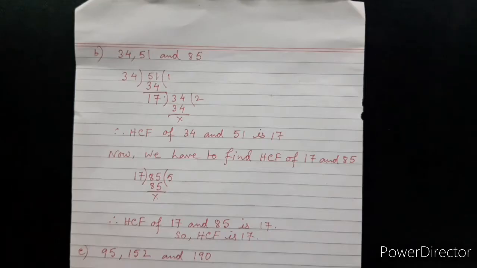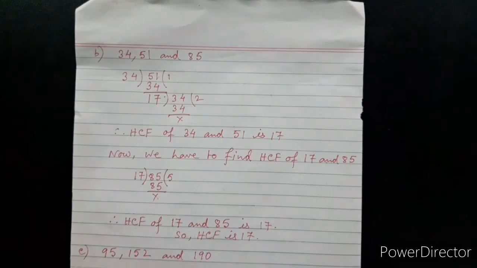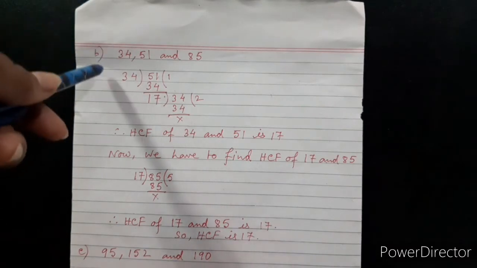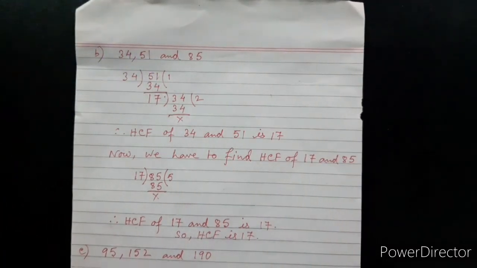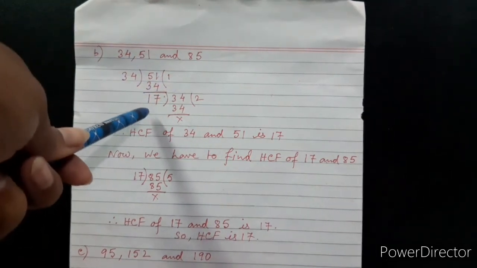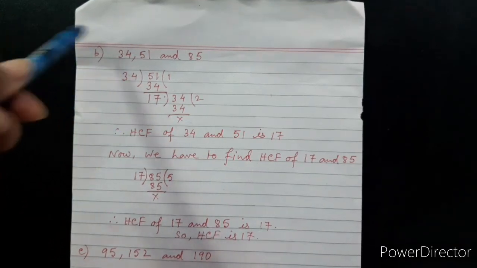Next sum 7b. Find the HCF of 34, 51 and 85. First we consider the first two numbers 34 and 51. 34 is smaller than 51, so we divide 51 by 34. 34 ones are 34, remainder is 17, which is smaller than 34.